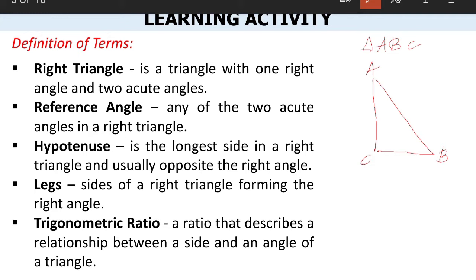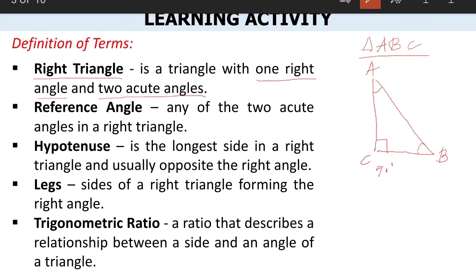This triangle ABC can be a right triangle if one angle is a right angle and the other two are acute angles. In this triangle ABC, angle C is a right angle, and a right angle measures 90 degrees, while the two other angles are acute angles, which measure less than 90 degrees. So if this triangle ABC has one right angle and two acute angles, we can consider it a right triangle.